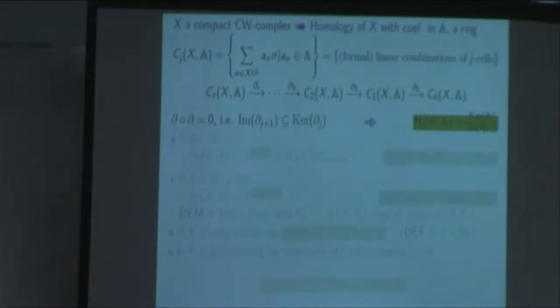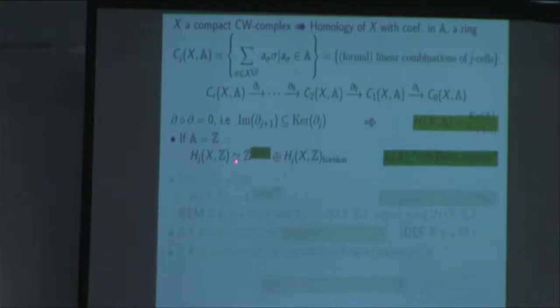So if, for instance, the ring A is Z, then recall our space X is compact, so that you have finitely many cells. So in particular, all of these spaces of chains are finitely generated free modules. And thus, the homology becomes an abelian group, and moreover, a finitely generated abelian group.